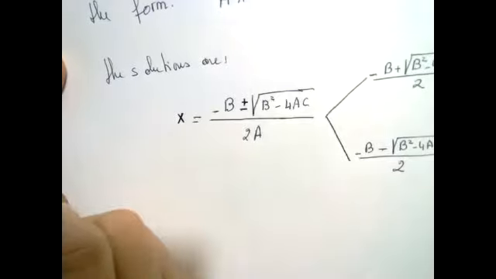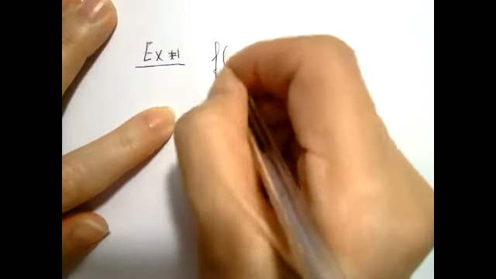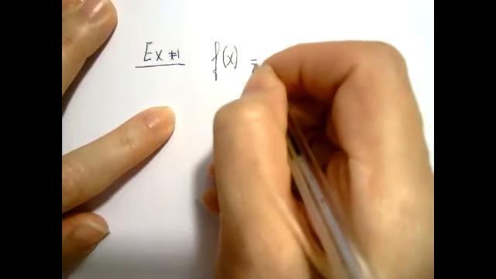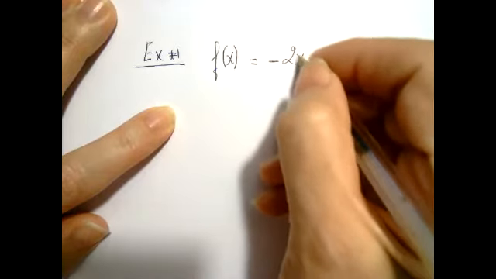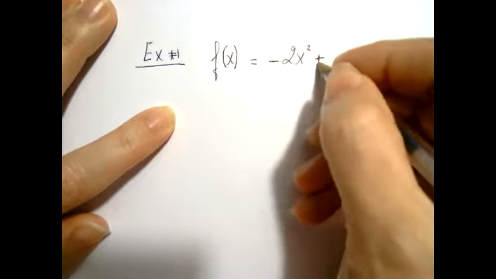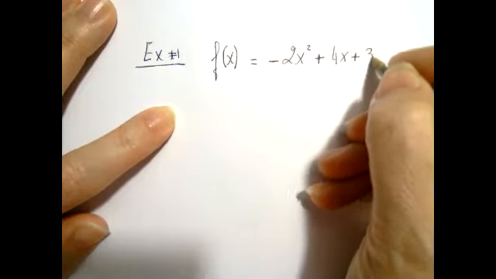Example number 1. Let me take the following function: f of x equals minus 2x squared plus 4x plus 3.